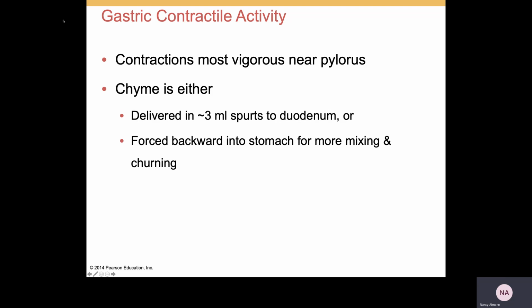The contractions are going to be the most vigorous near the distal end, near the pylorus, and chyme will suffer one of 2 fates initially. It'll either be delivered in very small spurts into the duodenum, or it'll be pushed backwards into the stomach where it'll get mixed and churned again.